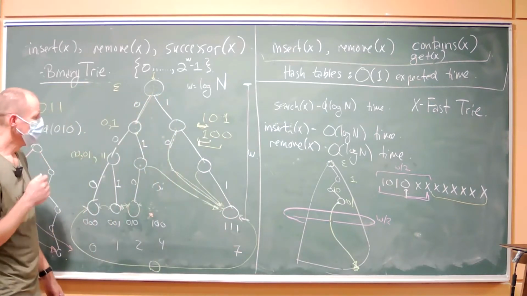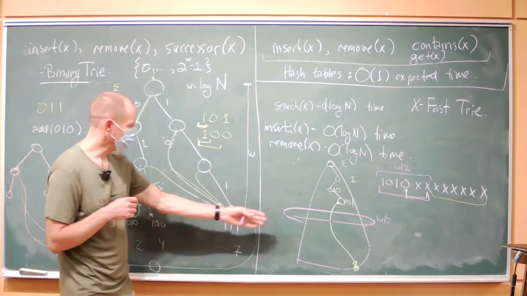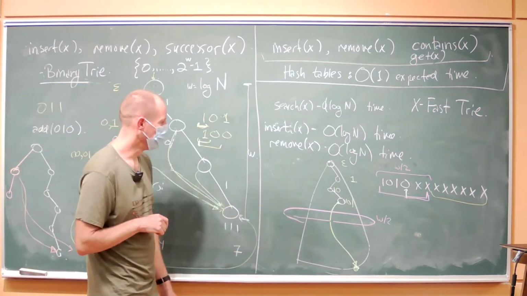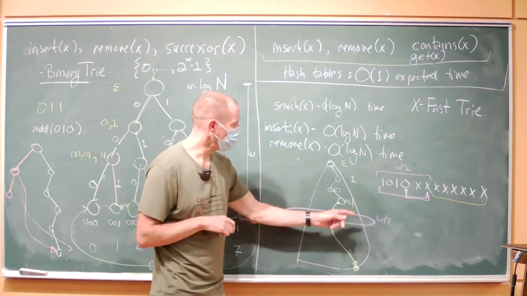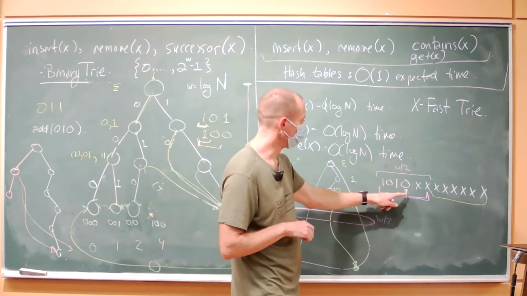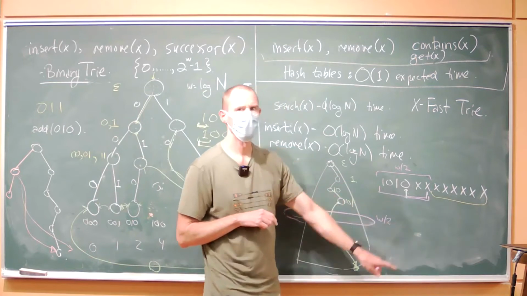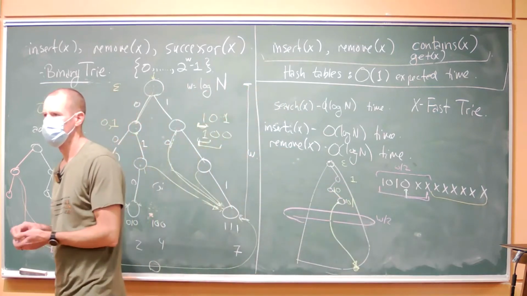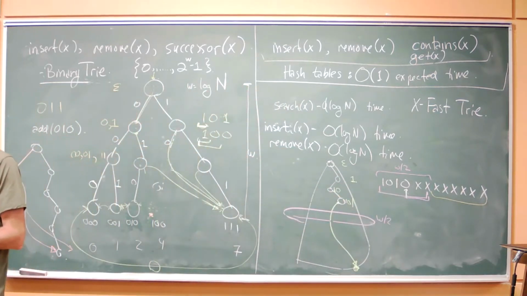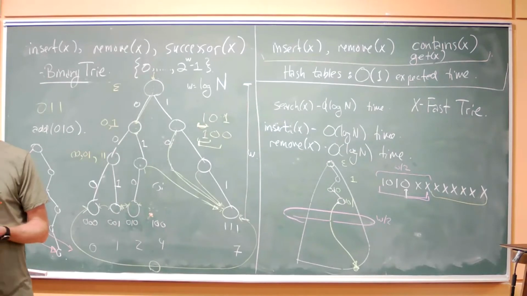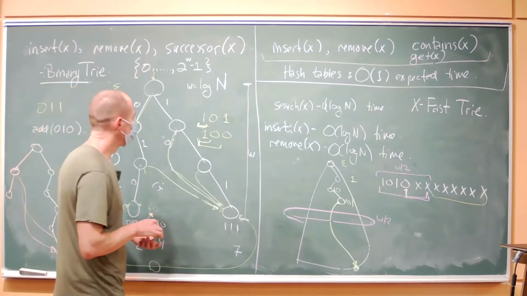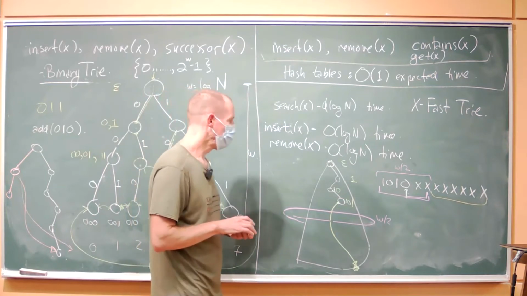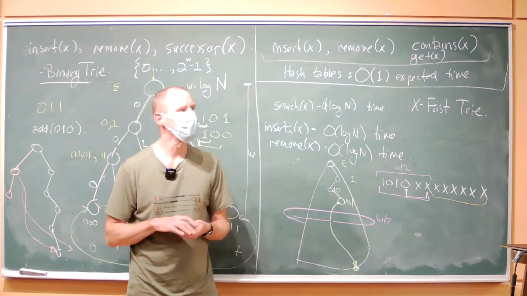How can we ask across a whole level whether or not the string 1010XX appears? No, we don't make another trie for each level.